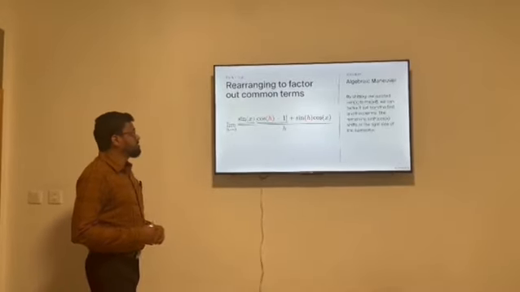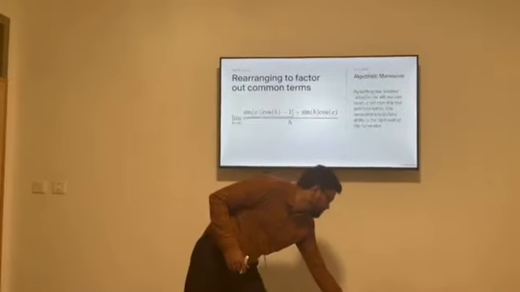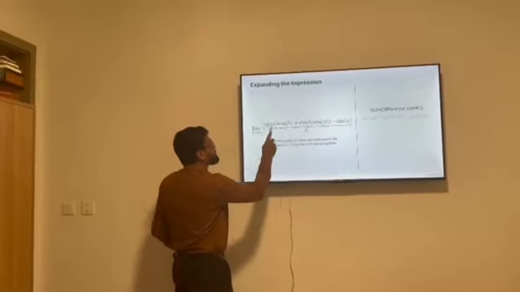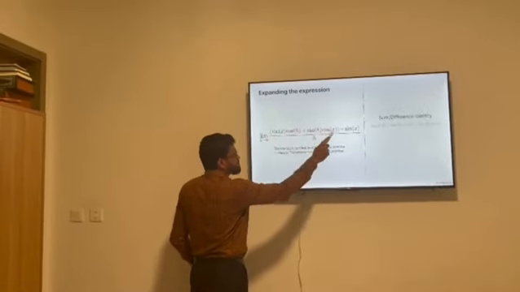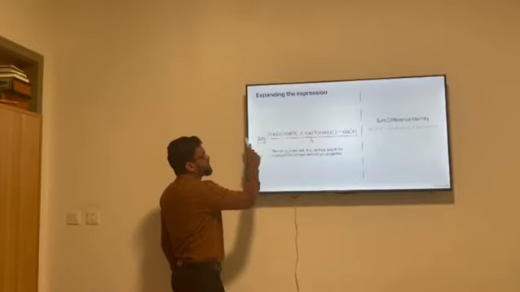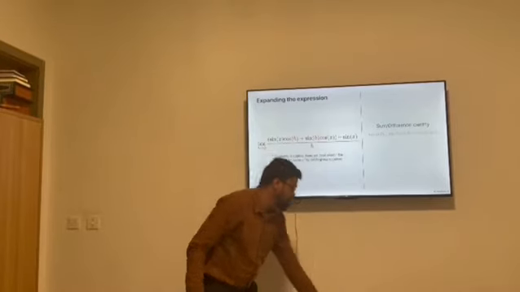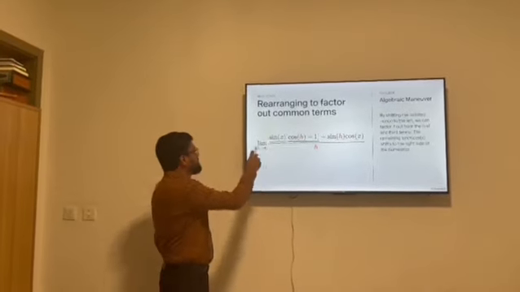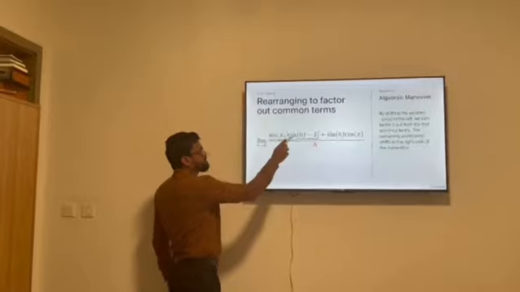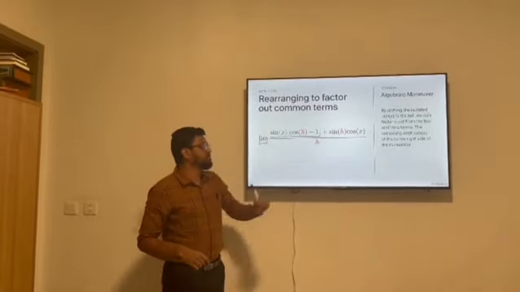Next, sine x we have taken as common. In these two terms, sine x cos h and sine x, we have taken sine x common. If we remove the sine x, here it is cos h minus 1. So limit as h approaches 0, sine x common, (cos h minus 1) plus sin h cos x as it is, upon h.